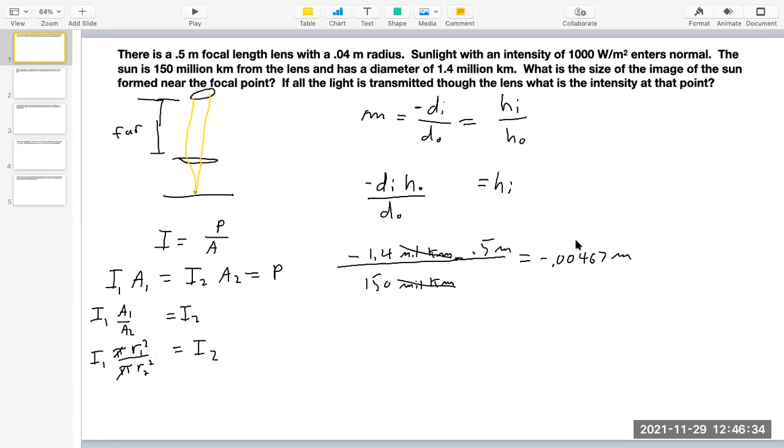So we would need to divide this by 2 in order to get its radius. And we have 0.04 for the radius of the lens itself. And this will give about 294,000 watts per meter squared.